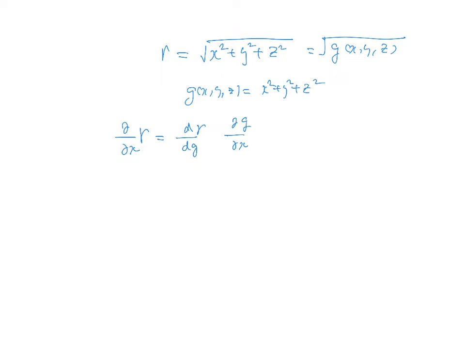So this part is easy, right? So this is partial x of x squared plus y squared plus z squared. And the definition of partial derivative is that when you take a partial derivative by x, you ignore y and z as constants, right?